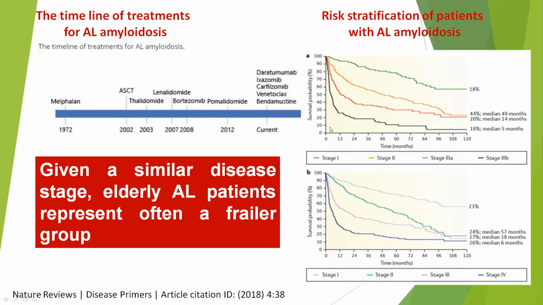For example, in the case of patients affected by light chain amyloidosis, we can use a classification that divides the patients into three different groups, the so-called fit, intermediate, and frail group, according to their age and also to their clinical state and to some laboratory tests such as cardiac troponins and NT-proBNP.